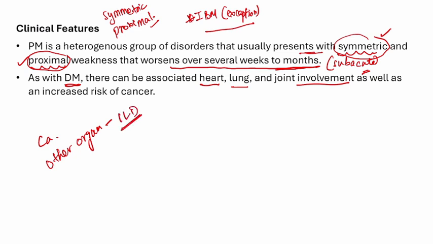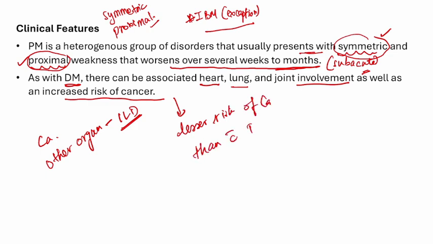Similarly with polymyositis, but there is lesser risk of cancer than with dermatomyositis. All the clinical features are similar to those of dermatomyositis, except that the risk of cancer is less in polymyositis because there is a different set of antibodies involved. Pathogenesis is somewhat different, so lesser risk of CA than with dermatomyositis.